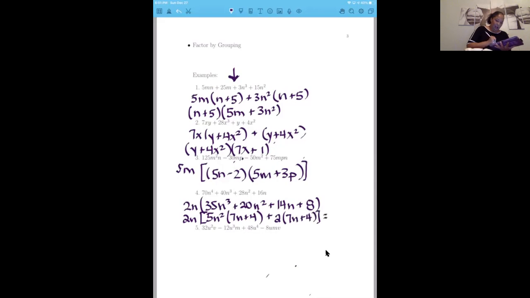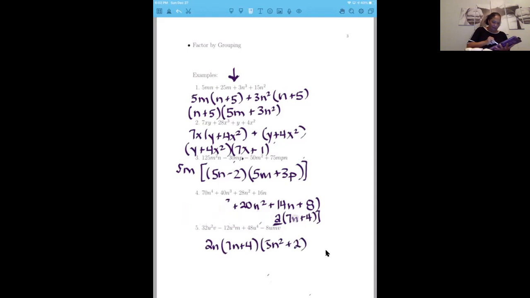Now, each of those have a 7n plus 4 in common. So I have a 2n times 7n plus 4, 5n squared, that's what's left from here, and then a 2 is left from here. So that's the factorization of number 4.